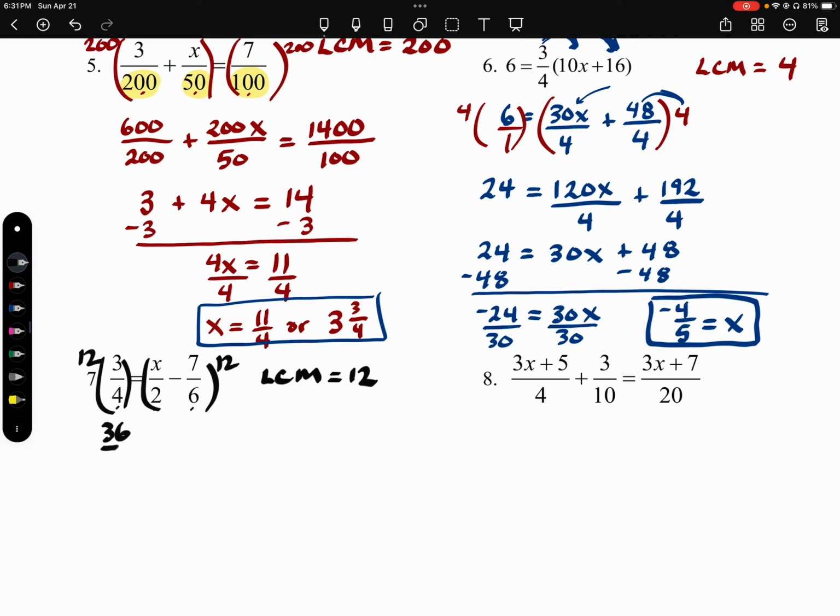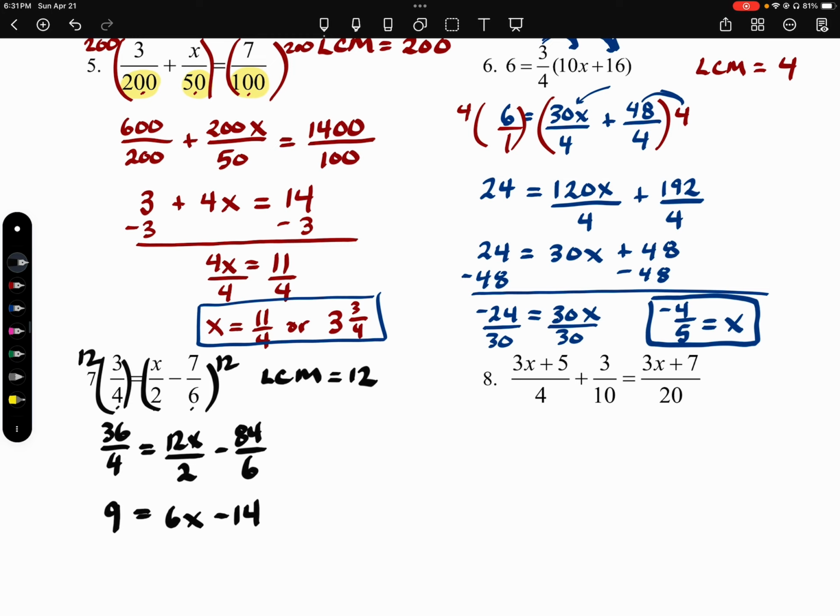So this should be 36 over 4 is equal to 12x over 2. And then 7 times 12 would be 84, so we have minus 84 over 6. When we simplify that, you're going to see that this is 9 equals 6x minus 14.